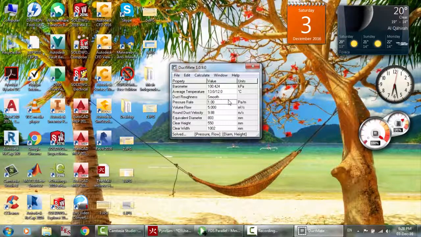But if you change this, you have to know that the pressure rate changes. Okay. Okay, we suppose that we are gonna use galvanized sheet metal, medium smooth, and the pressure rate according to our example here.